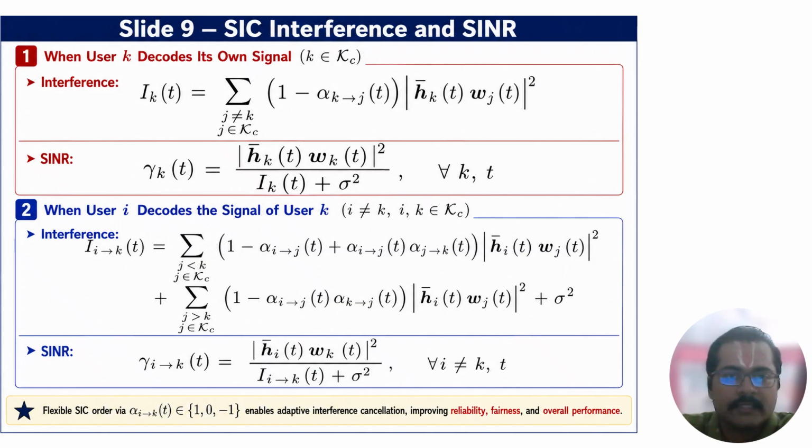So gamma is the SINR, signal to interference noise ratio. h is the channel gain, with the beamforming vector, divided by the interference plus sigma square, which is the noise, for all k. So when user i decodes, this is the formula. Finally, you can see this is the SINR.